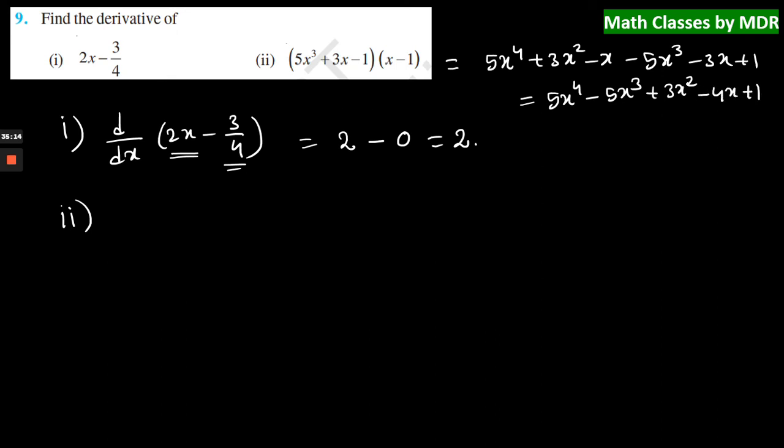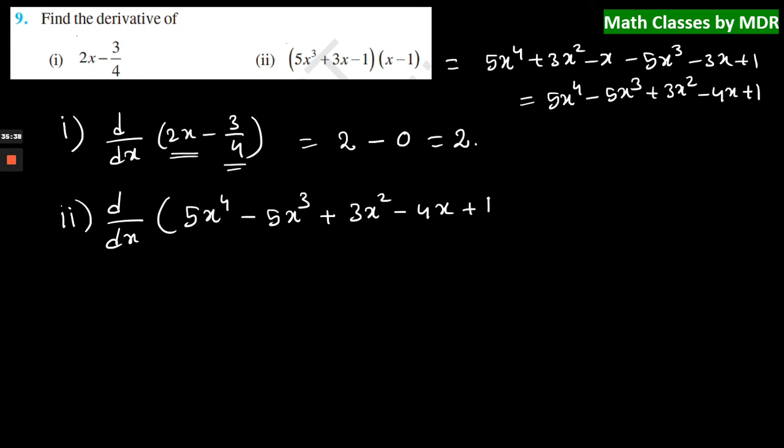Right? We have got all. So x to the power 4 and then x cube and then x square. Right? Yes, we have all. Now this is the simplified form. So that d by dx of 5x to the power 4 minus 5x cube plus 3x square minus 4x plus 1.